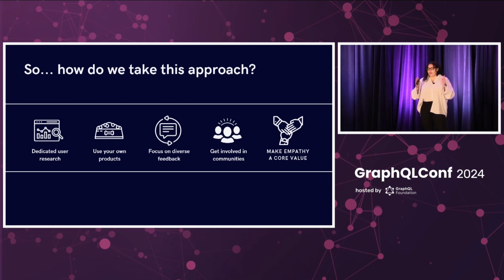The other two, the third and the fourth points, kind of go hand in hand. We want to focus on diverse feedback. I know Jeff talked about external feedback and getting involved in communities and talking to your users. I also champion for internal feedback.